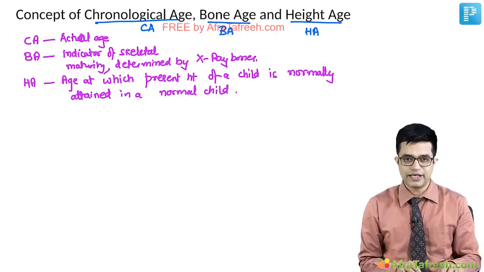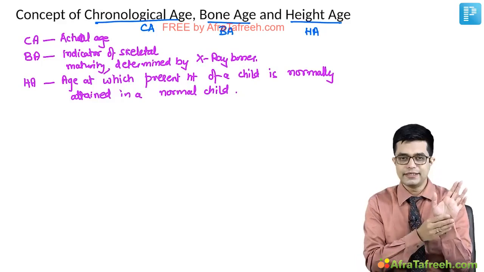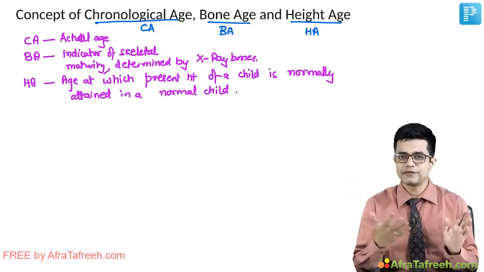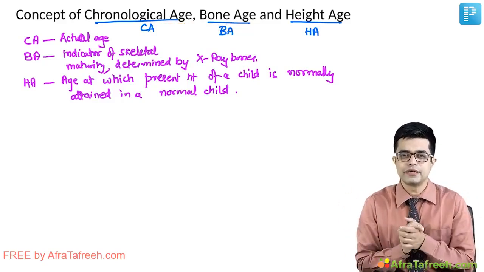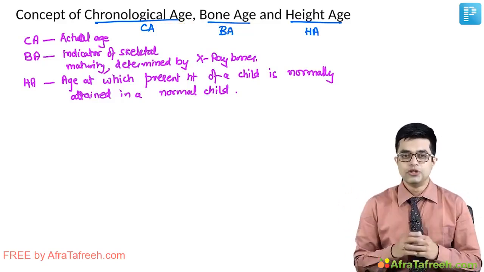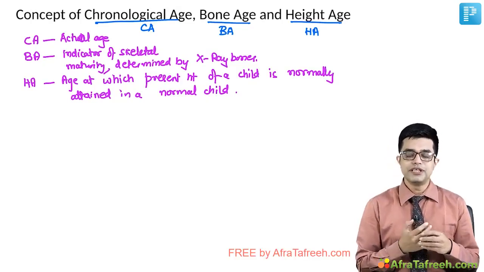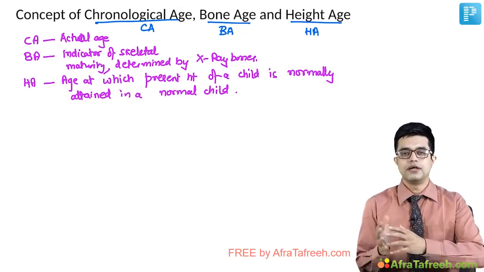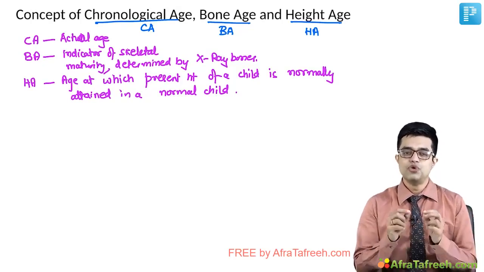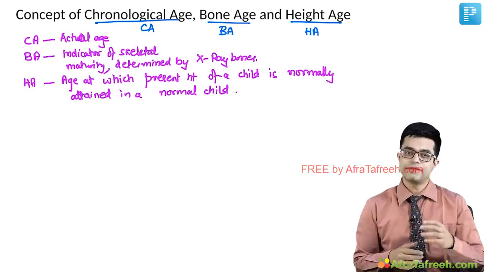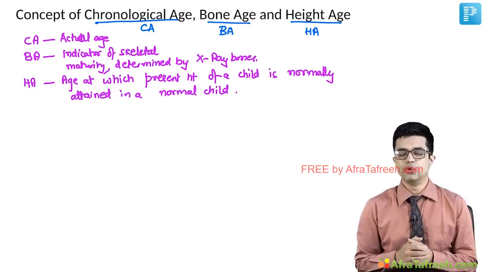You know that in this child, 1 to 12-year child, it is the hand and wrist X-rays which are important. So you will get an X-ray of the hand and wrist, both hand and wrist, done. Once the X-ray comes, you look at the number of ossification centers by using Greulich and Pyle method or Tanner's method. You will find out the age based upon X-ray. Whatever age comes out, that will be bone age.